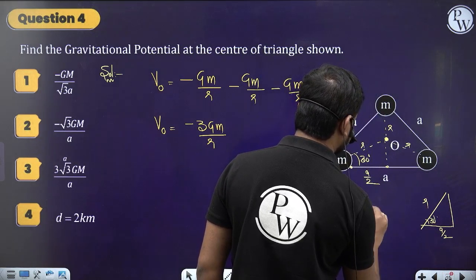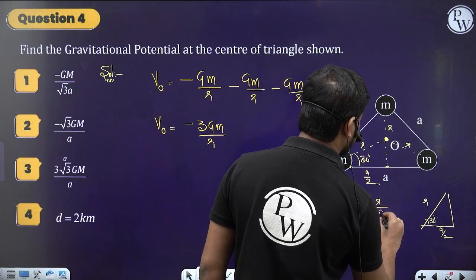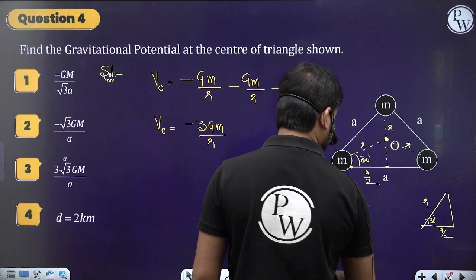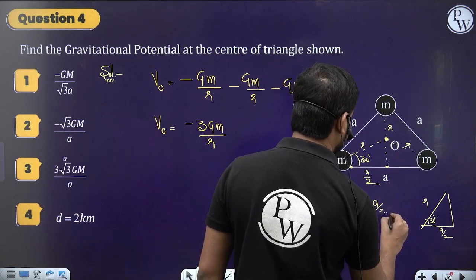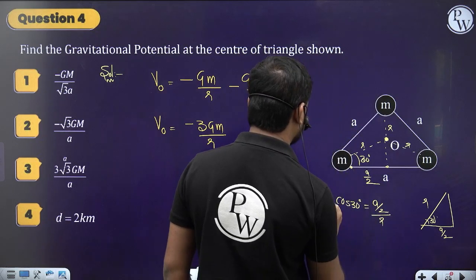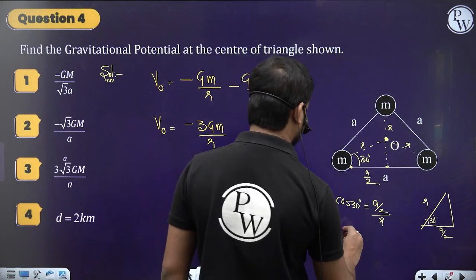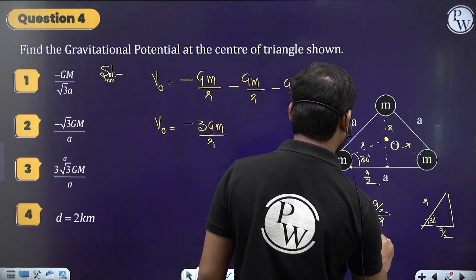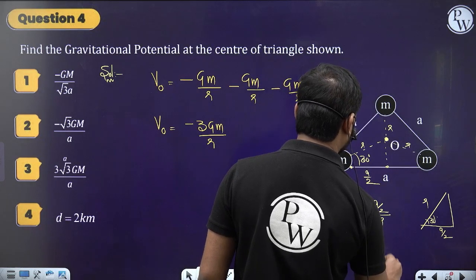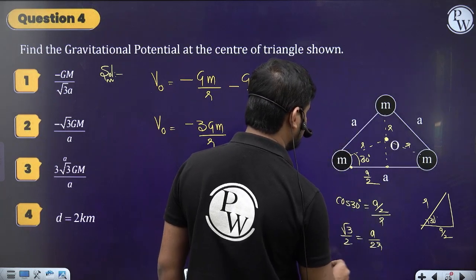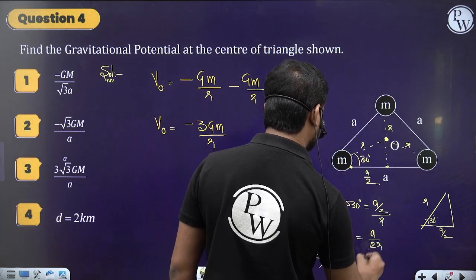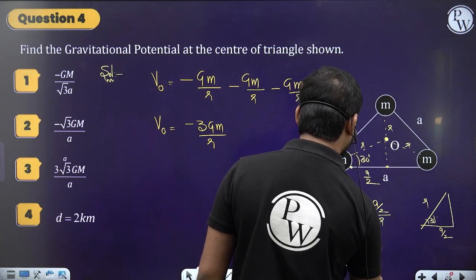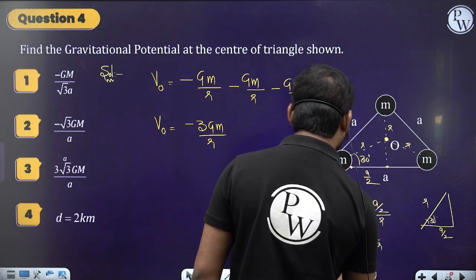Cos 30 is adjacent by hypotenuse, so a by 2 by r. Cos 30 value is root 3 by 2, which equals a by 2r. From here the 2 cancels, so r is equal to a by root 3. So we have got r value as a by root 3.